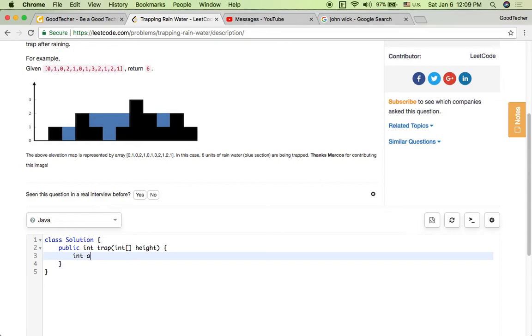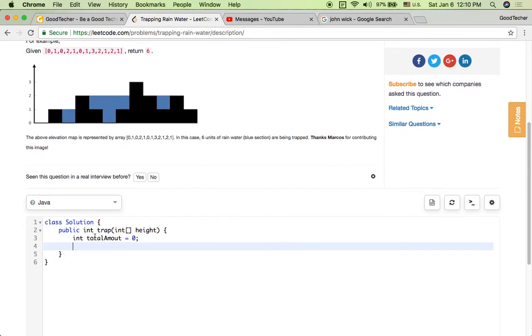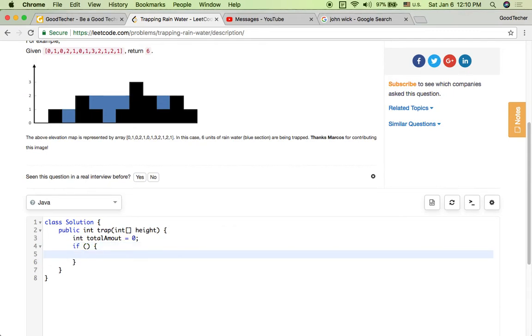So we can call a variable like a total amount, and at the beginning the total amount is just 0. So we can have an edge case check first.